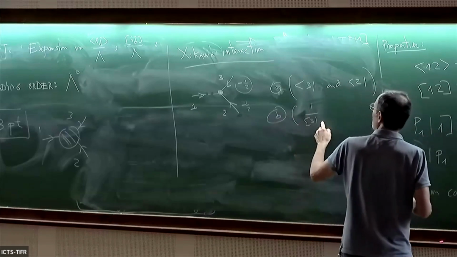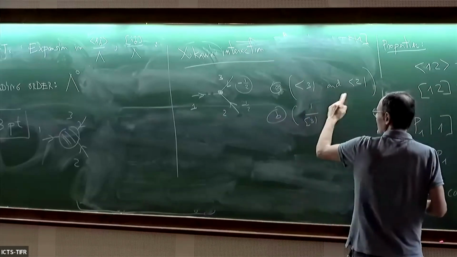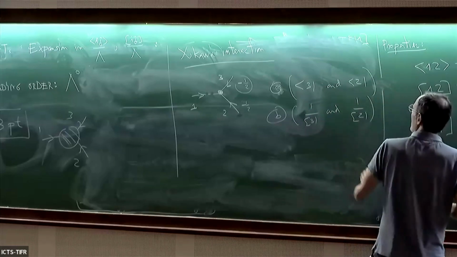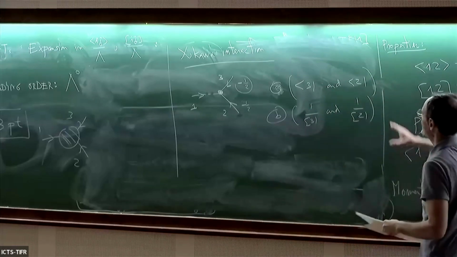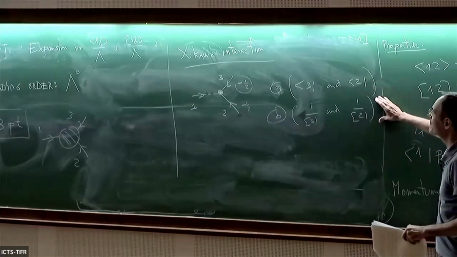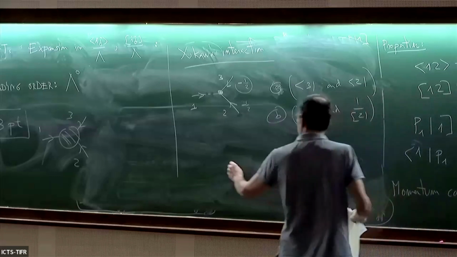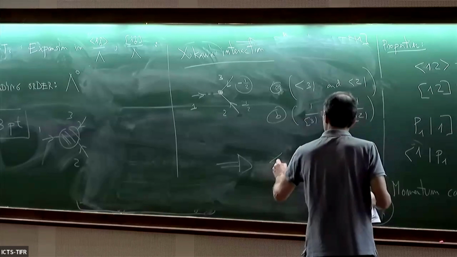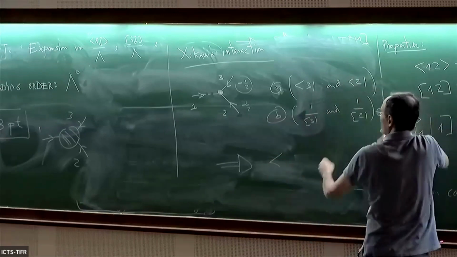This one is not contracted, so I have to contract it by Lorentz invariance. This also transforms the proper way under the little group. To write this, I only have two options. I contract them among themselves, 3, 2.